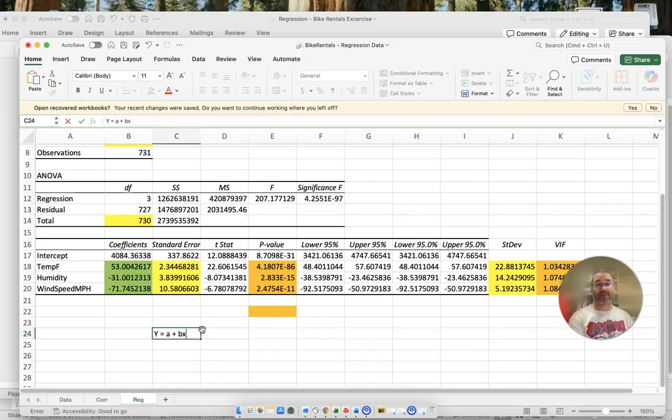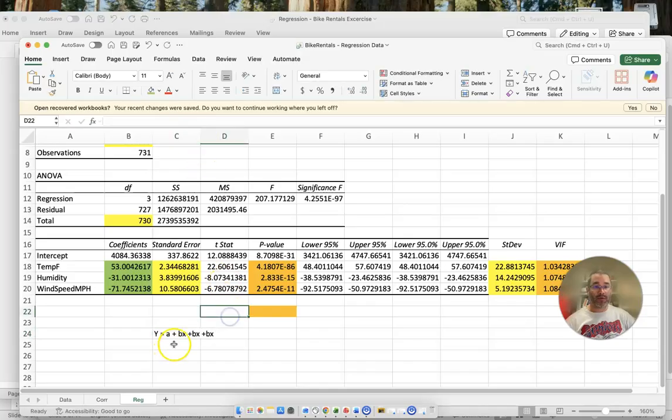In this case we have 3 independent variables, so we have 3 x's. So this is the equation that we're going to try to solve here: y equals a plus bx plus bx plus bx.